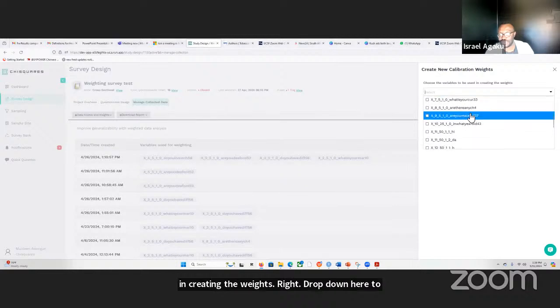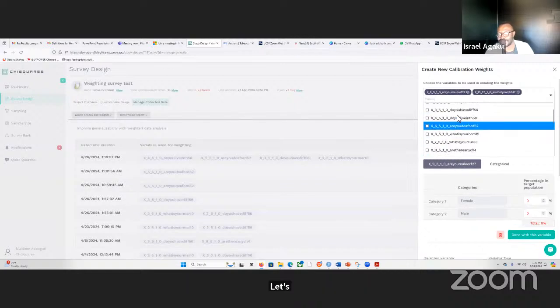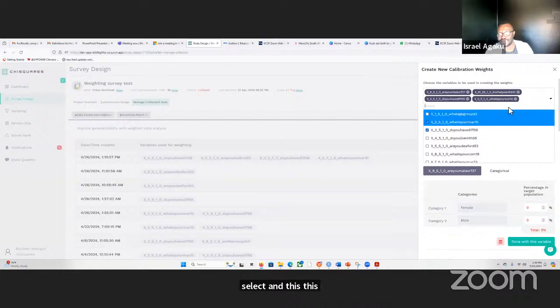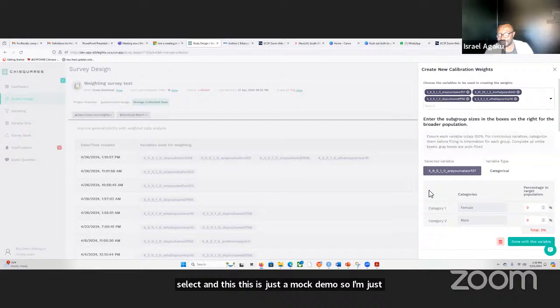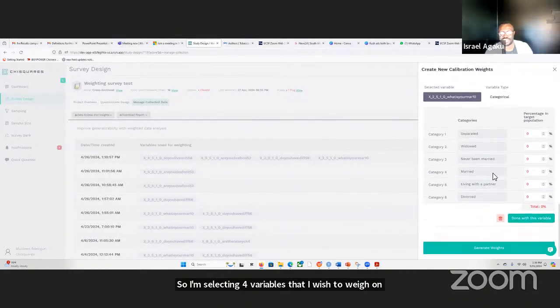You now select the ones that you wish to use. Let's say you select that one, and I select this one, and I select this. This is just a mock demo, so I'm just creating random things here. So I've selected 4 variables that I wish to weight on here. And you can see they're all displayed at the bottom here, right?